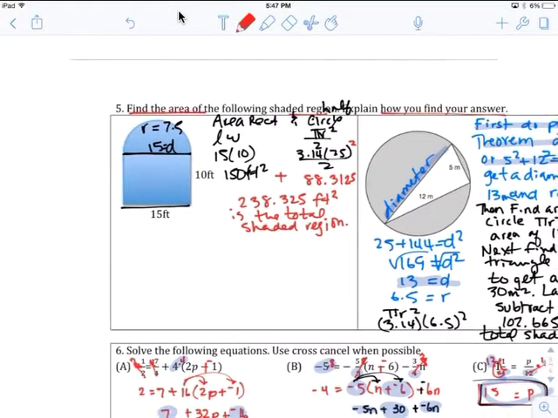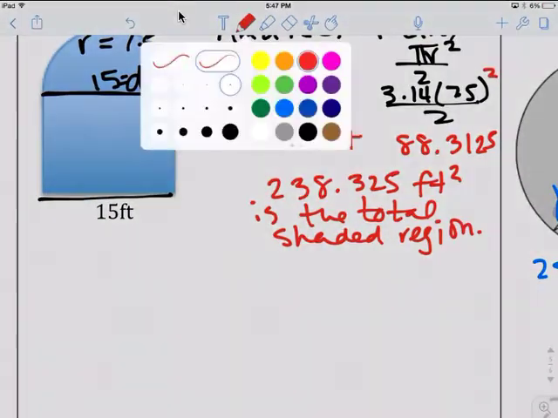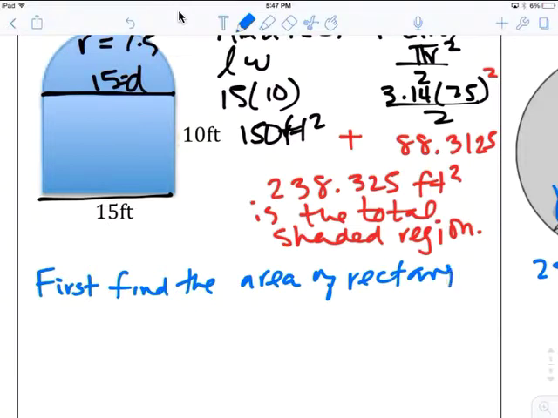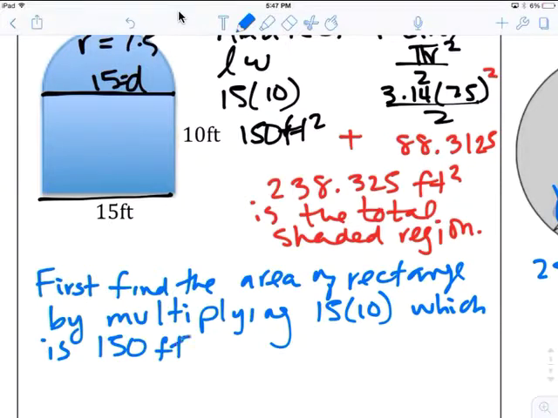Then you explain. First, find the area of the rectangle. Okay, here are the steps. First, find the area of the rectangle by multiplying 15 times 10, which is 150 feet squared.